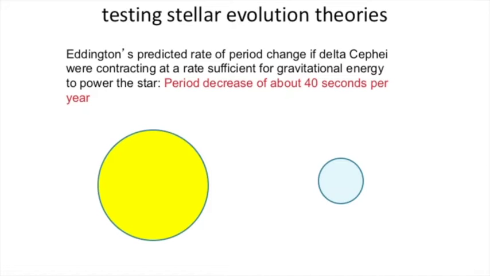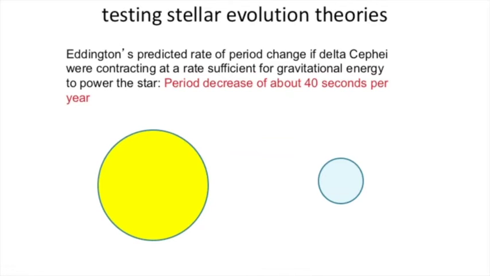He said, if a star is contracting, by the basic pulsation equation that we'll see shortly, the period times the square root of the density equals a constant. If the star is contracting, the period should be decreasing. And he knows how fast it should be contracting in order to keep a Cepheid shining as brightly as it's observed.